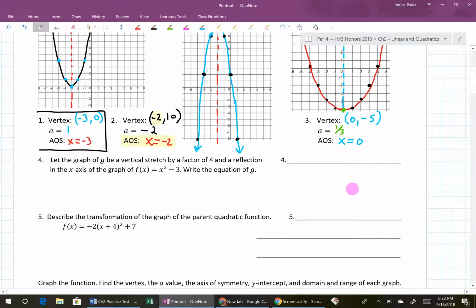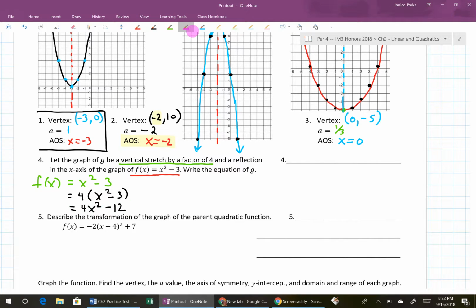For number 4, we're going to transform the graph. This is the given graph. And we're going to transform the graph based on what's given. So we have a vertical stretch by a factor of 4. That means we take the original graph, f of x is equal to x squared minus 3, and we're going to multiply the entire thing by 4. So that gives you 4x squared minus 12.